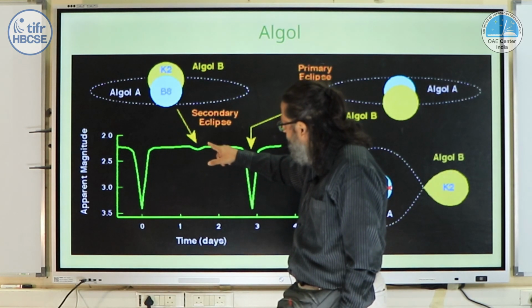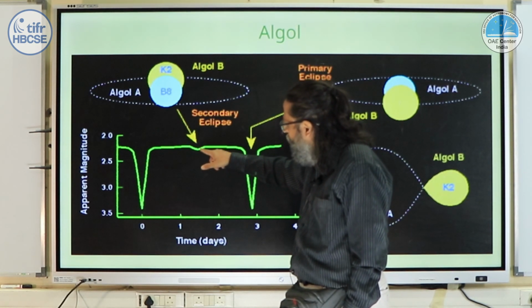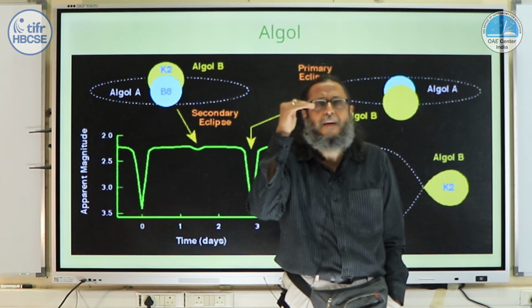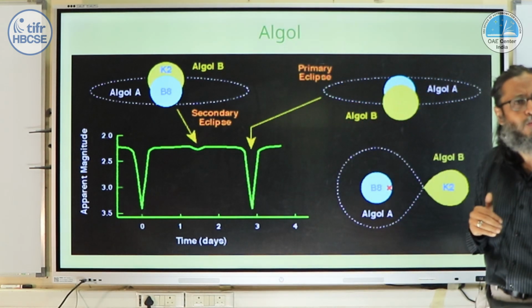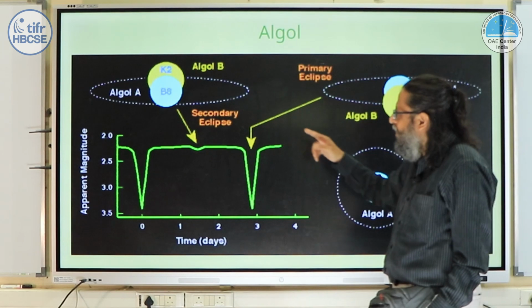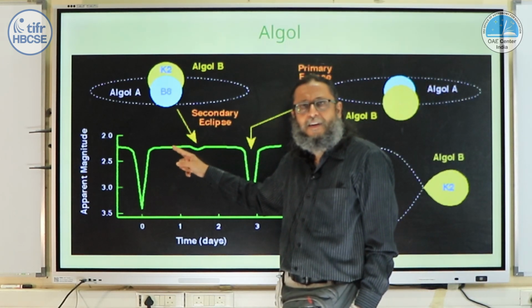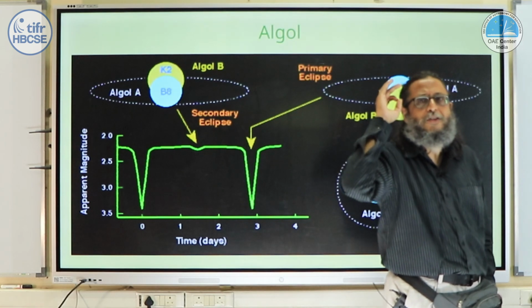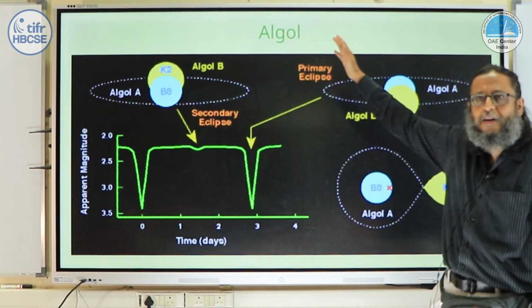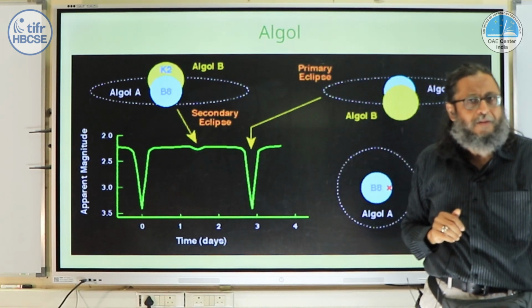for the secondary eclipse, you get this kind of a shape and the amount of light that is blocked is so low. This expectation doesn't fit the idea of the stars that we have from our HR diagram, right?